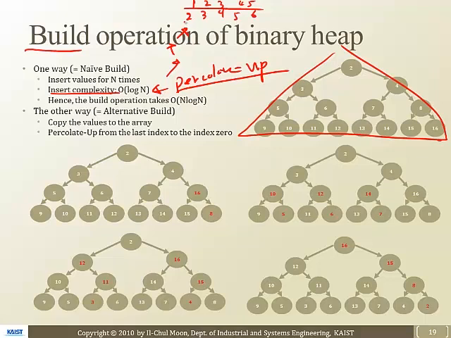So it will take order of log n operations, and we are inserting these values n times. So to build a binary heap, it will take order of n log n. This is called naive build. It's just simply utilizing the insertion operations that we did in the other data structures.